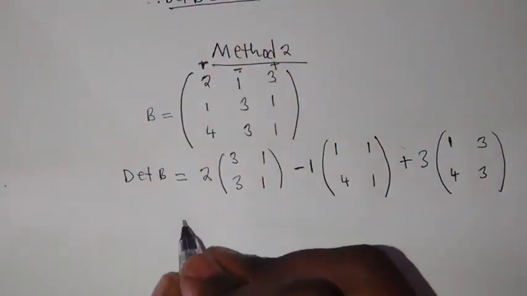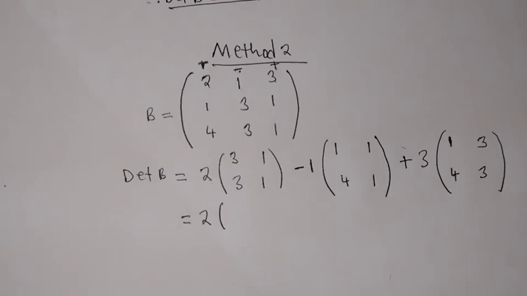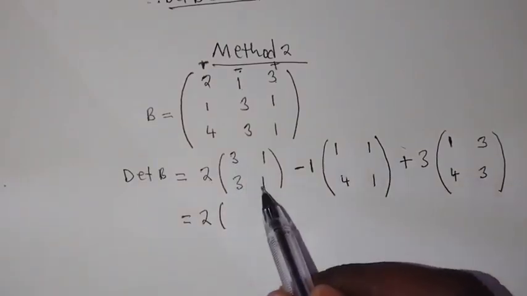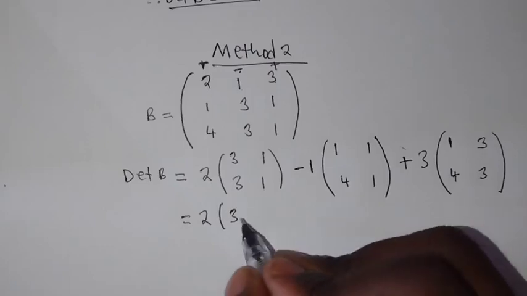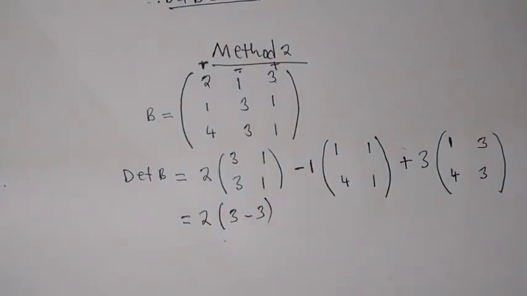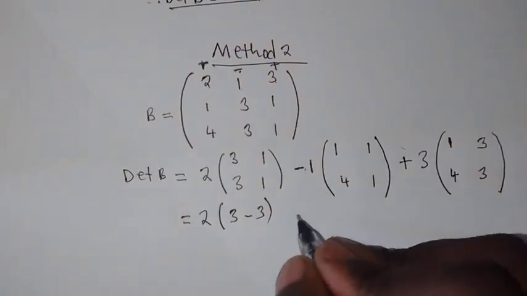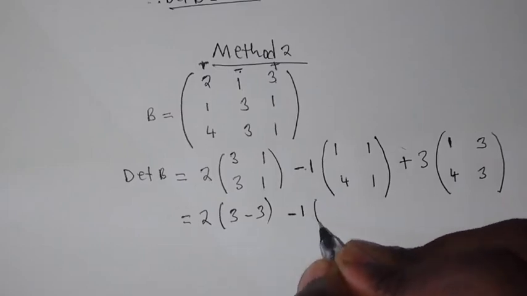Then from here, we know that to find the determinant of a 2 by 2 matrix, we find the product of the major diagonal elements, which is 3 times 1. It's a 3. Okay? Then minus 3 times 1, again, it's a 3. From here, you write minus a 1.